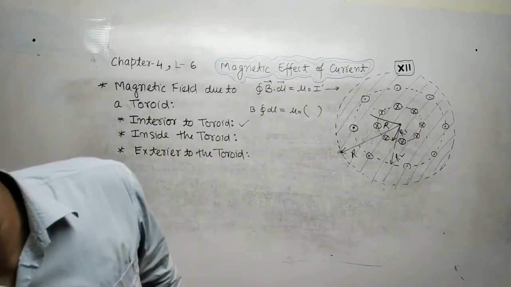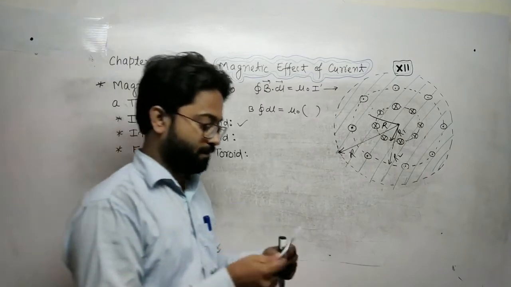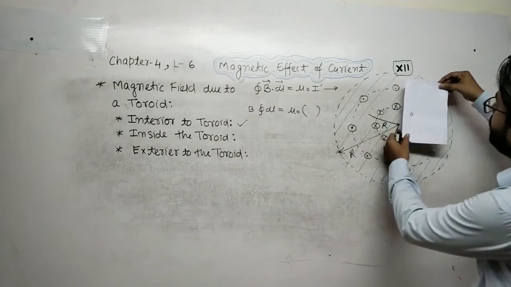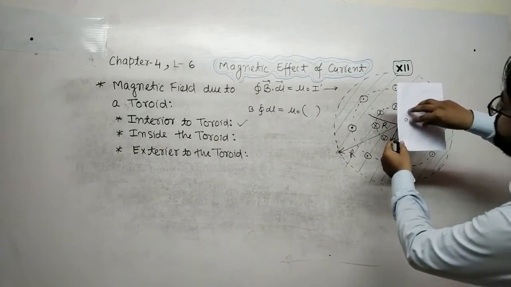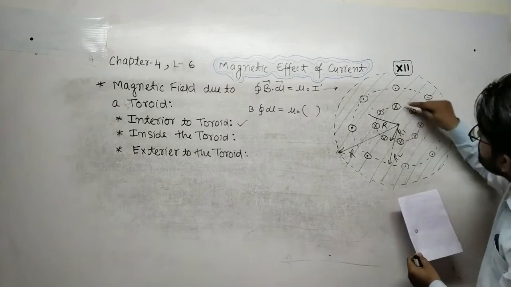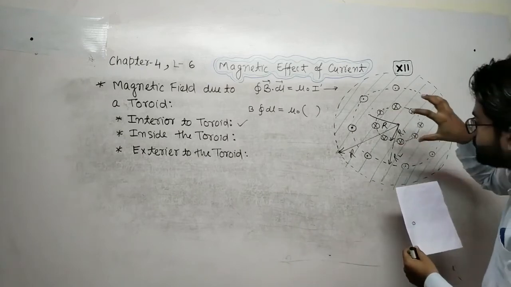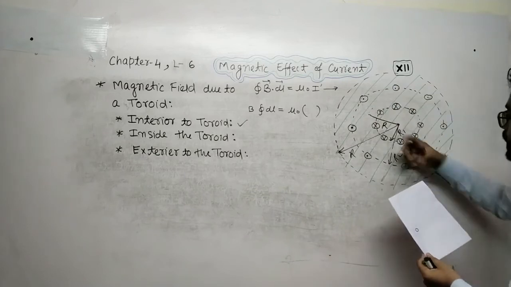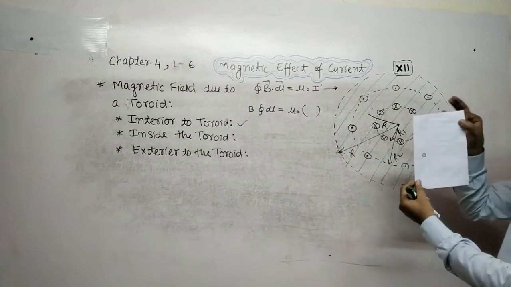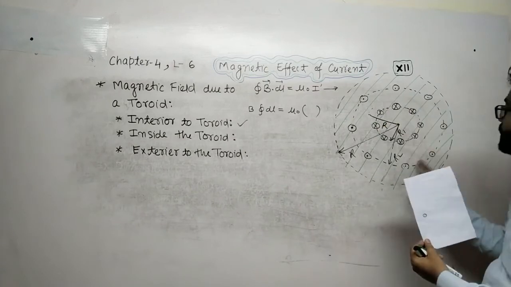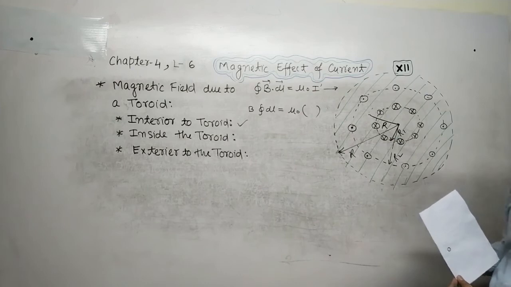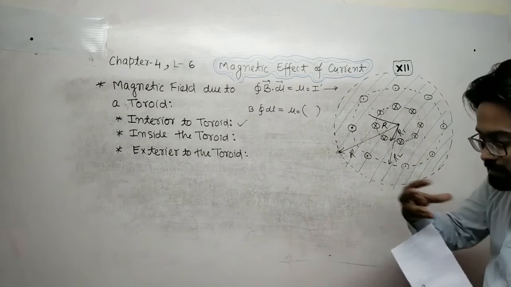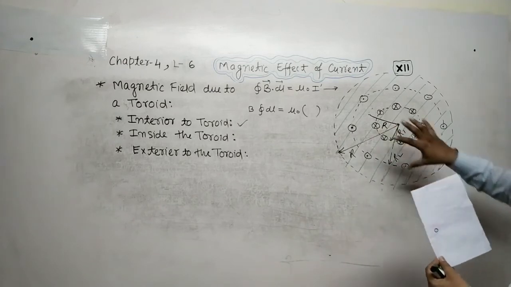Simply you can say, let us suppose this is the whiteboard. This wire, if from these wires current is going into the plane, and from these wires current is out of the plane. Means this plane is cut by these currents and these currents, but the number of wires threading in this direction and threading in this direction, both are equal.